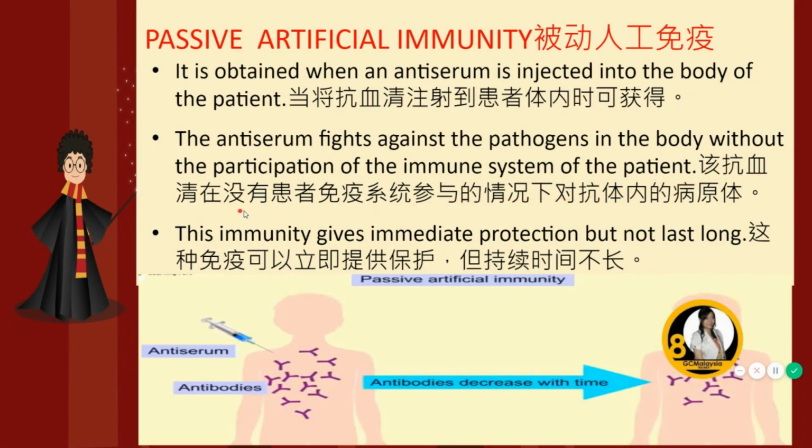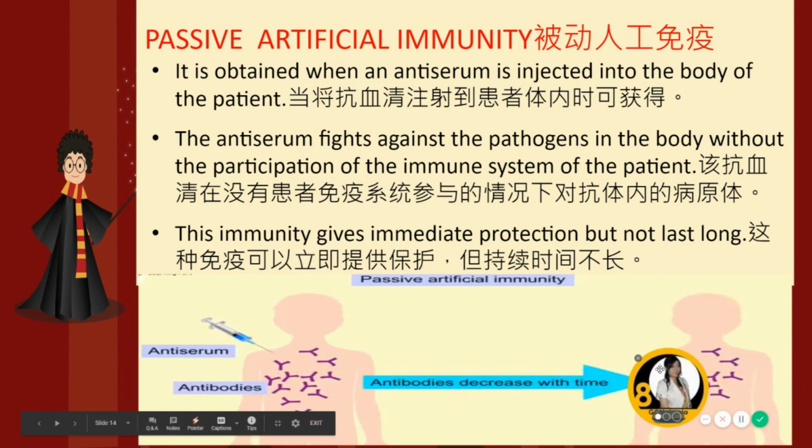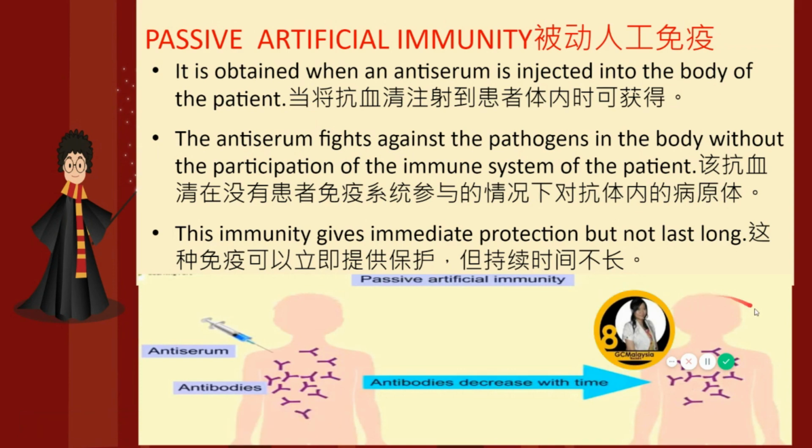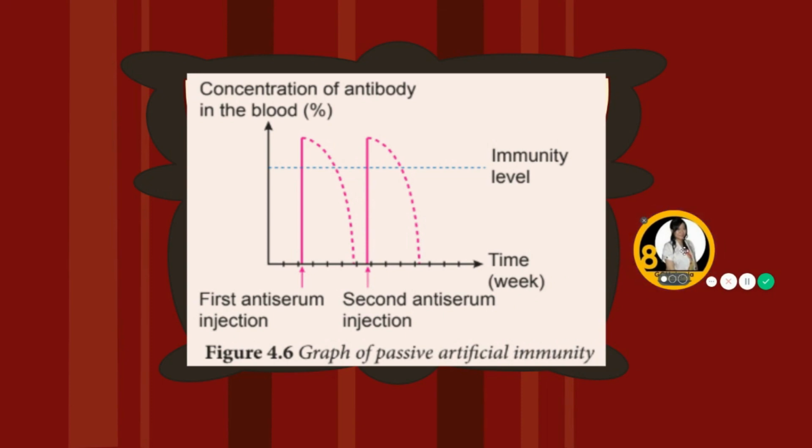This immunity gives immediate protection, but does not last long. So this is usually when a person is sick, the doctor injects antiserum into the patient's body. But the immunity is not long lasting. This is the graph of passive artificial immunity.